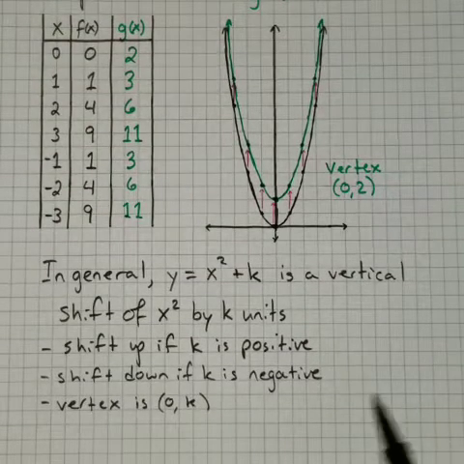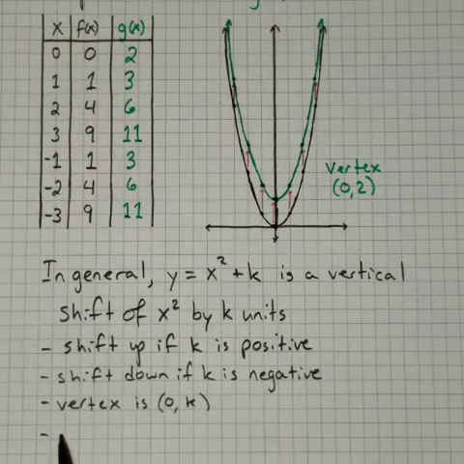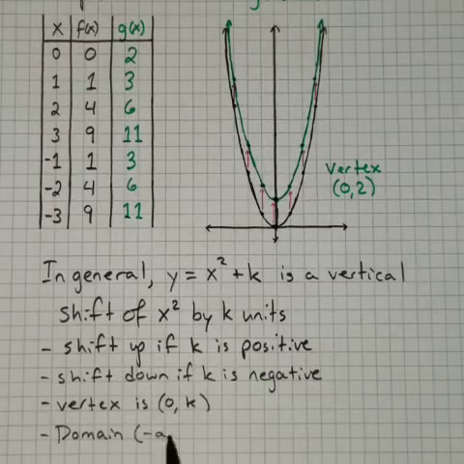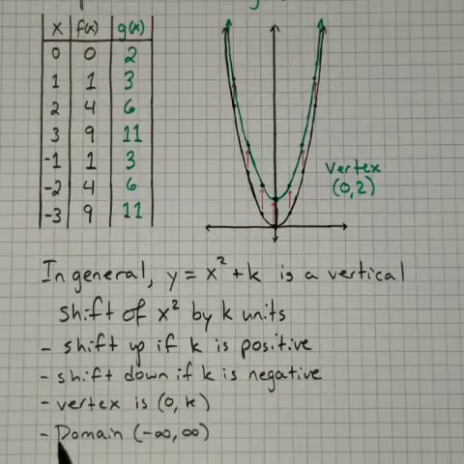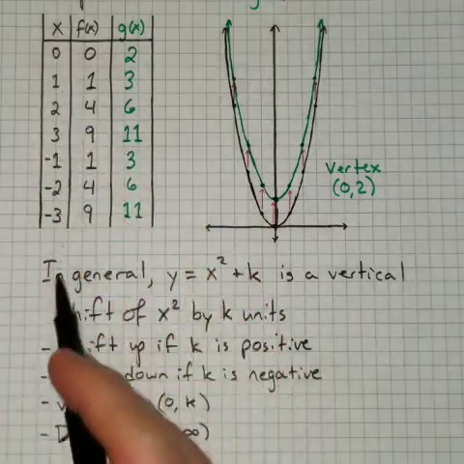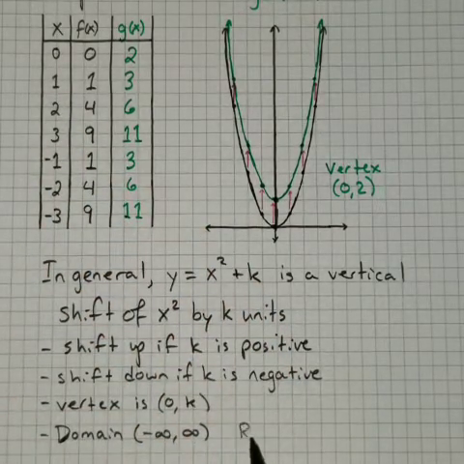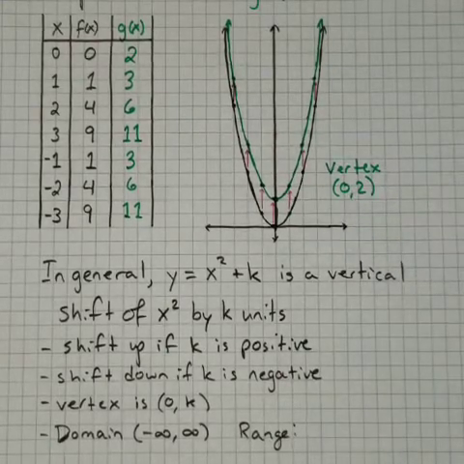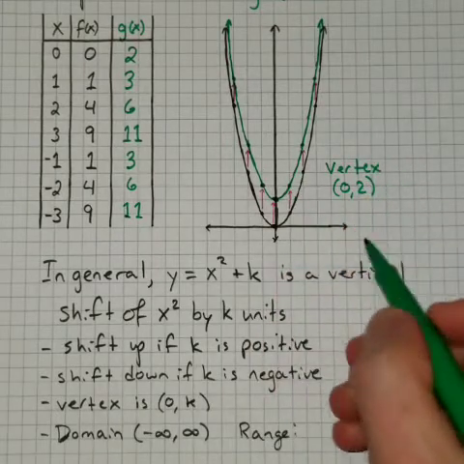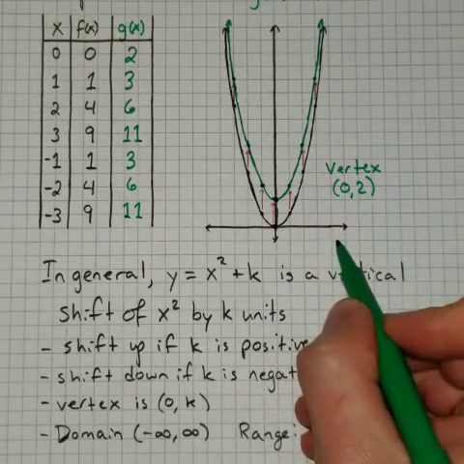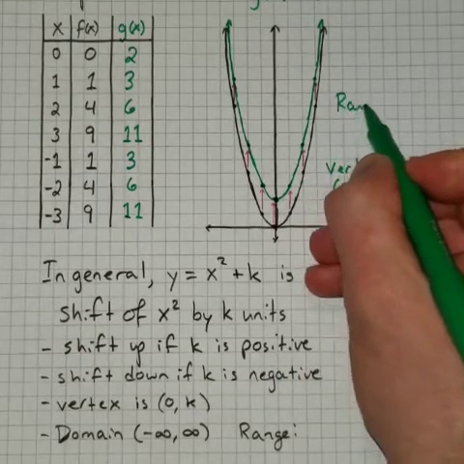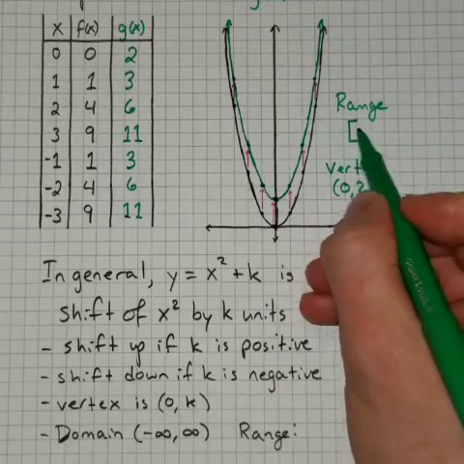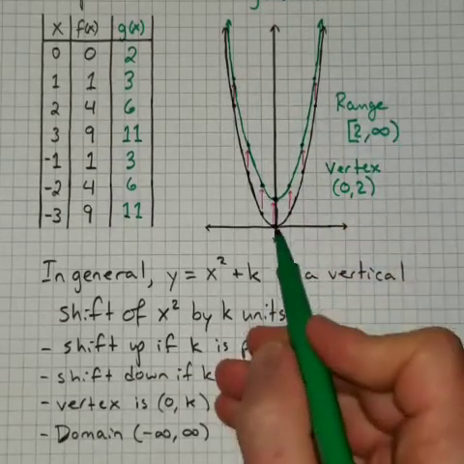One other important feature is the domain and range. The domain stays all real numbers just like we had before, because you can plug anything in, the inputs don't change, but the outputs do change. And the outputs now, if I look at this specific one for the range, the range starts at 2 and goes up to infinity, rather than starting at 0 like we had before.